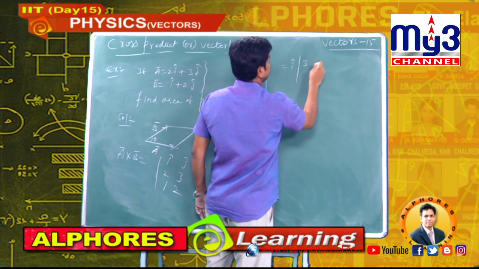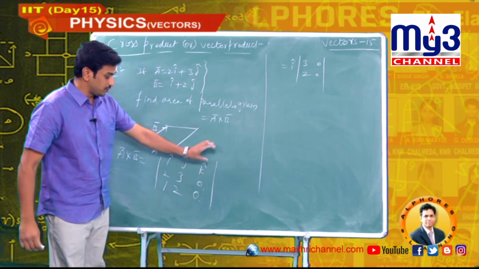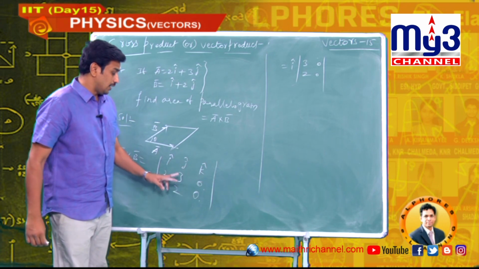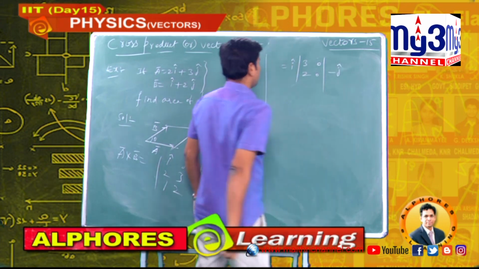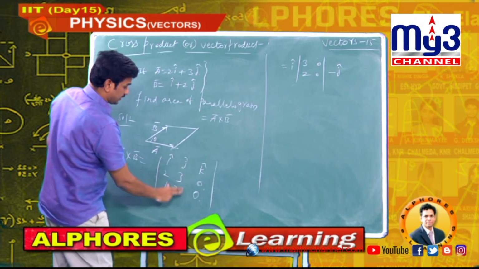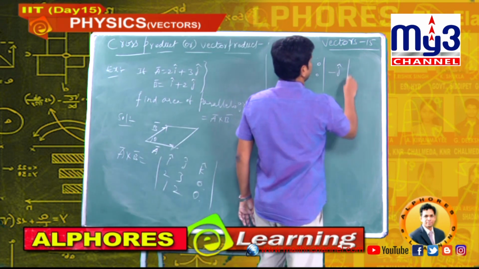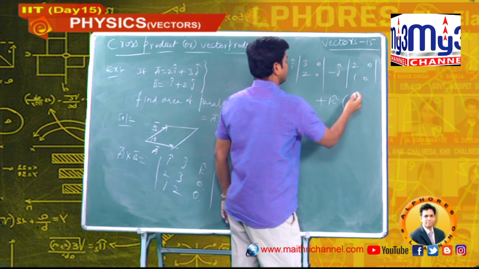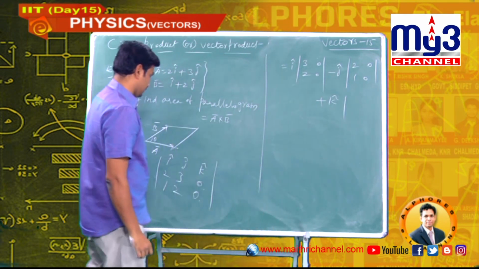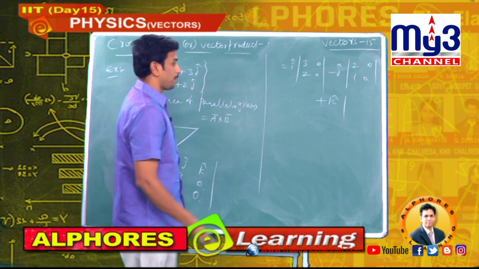Determinant of 3, 0, 2, 0. After I cap use minus J cap, leave this vertical and horizontal column, 2, 0, 1, 0. Plus K cap into determinant, leave this vertical column, horizontal column, 2, 3, 1, 2.